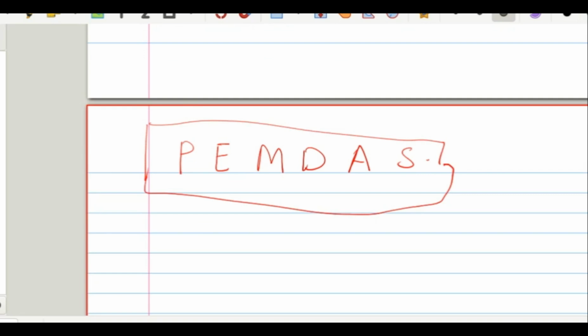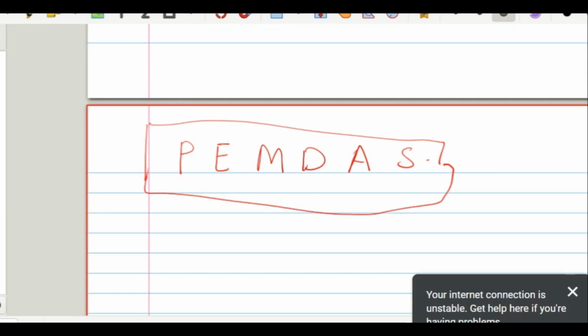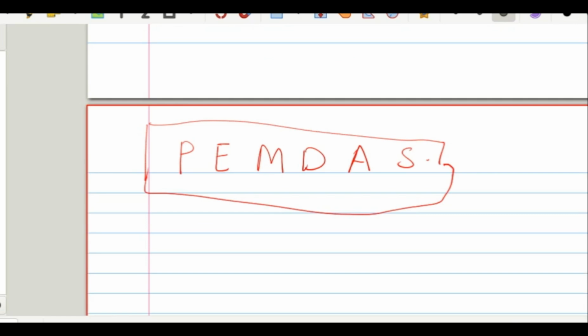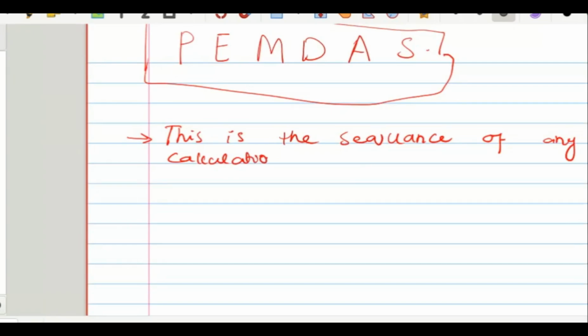This is the sequence for any calculation in math. Let me tell you an example. Now I am doing the example.